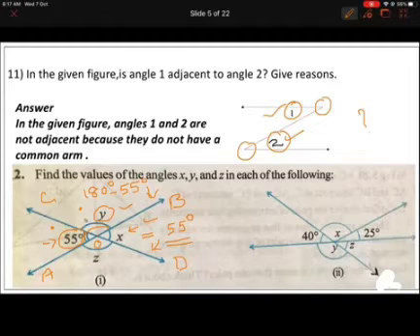Yes, please. Think and tell me. It is 125 degrees. When you sum it up, 5 plus 5 is 0, 7 plus 1, 8 and 1. I hope that's clear. So if y is 125, the angle vertically opposite to it is z.